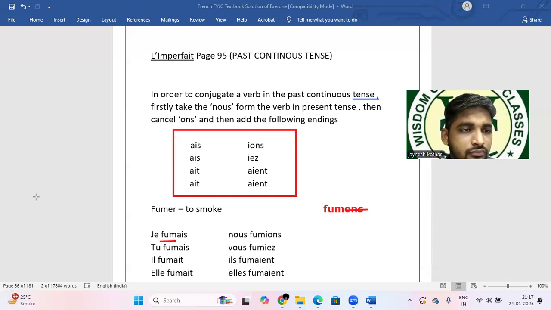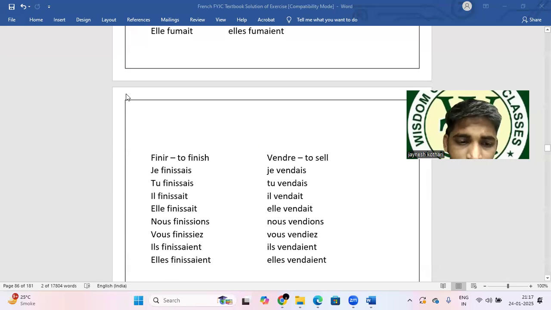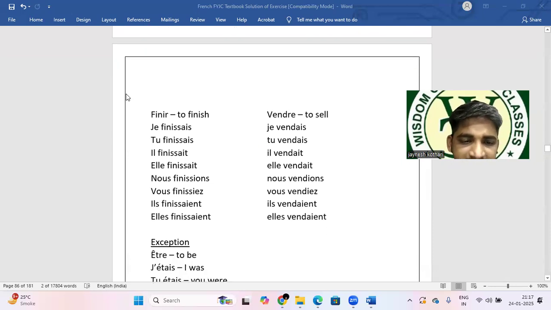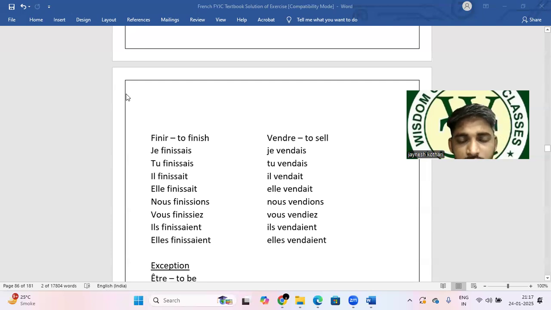Let's move forward now. Students, there are some exceptions also. Look now, I want you to write this down for IR ending verbs and RE verbs also. Everybody has to conjugate one ER ending verb, one IR ending verb, and one RE ending verb in your notebook. Start now.